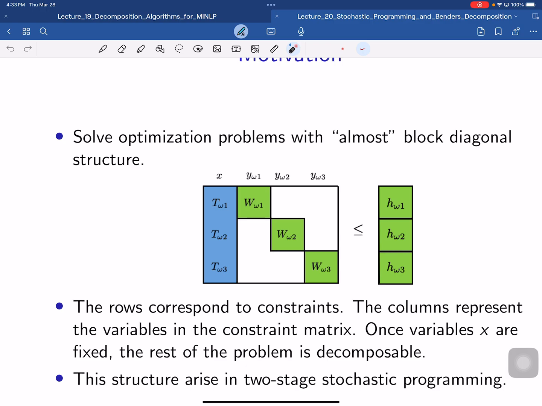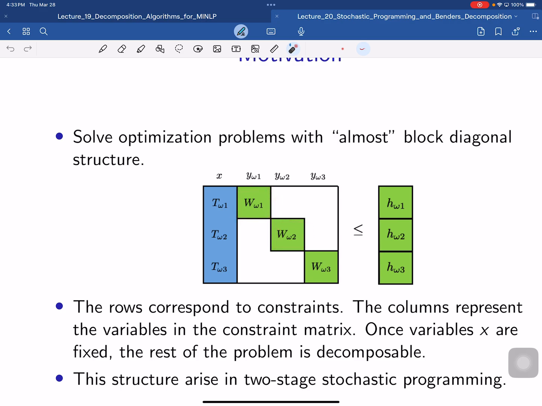And as you can see here, this type of structure is called, quote, almost block diagonal structure. Let's say if you ignore all the x variables, the problem is very easy, right? It can be decomposed by those small sub-blocks.